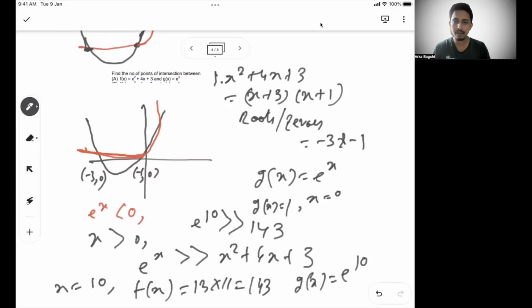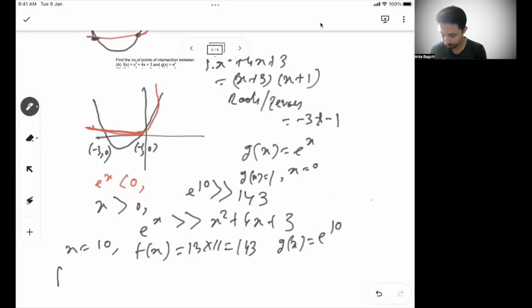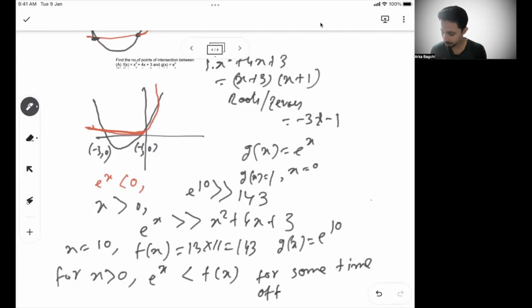So basically, we can say for x greater than 0, for some time e to the power x is less than f(x). After that, e to the power x is greater than f(x), right?